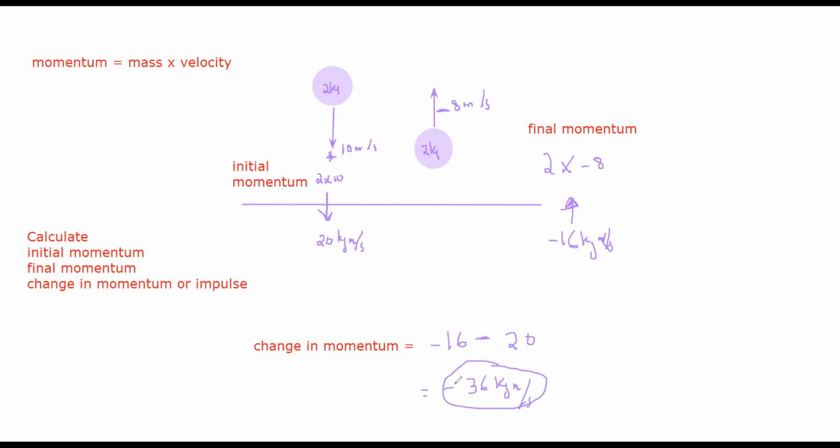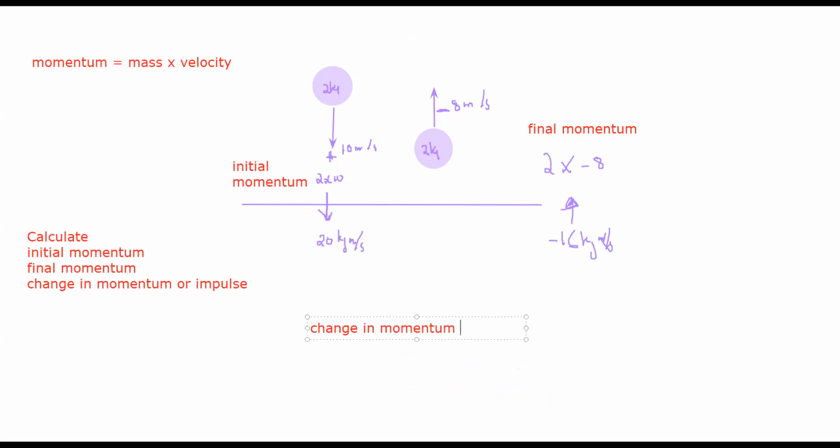What is the significance of the negative sign? The negative sign shows that the direction is opposite, because momentum is a vector quantity, and change in momentum is also a vector quantity. Why did we take minus 20? Because the formula for change in momentum is final momentum minus the initial momentum.